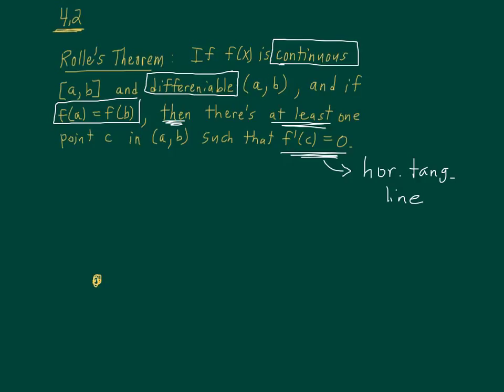Well, draw a function where we start with endpoints, which we're going to call a comma f of a and b comma f of b. Notice how these endpoints have the same height. And then we can draw a function that is continuous and differentiable everywhere in between.